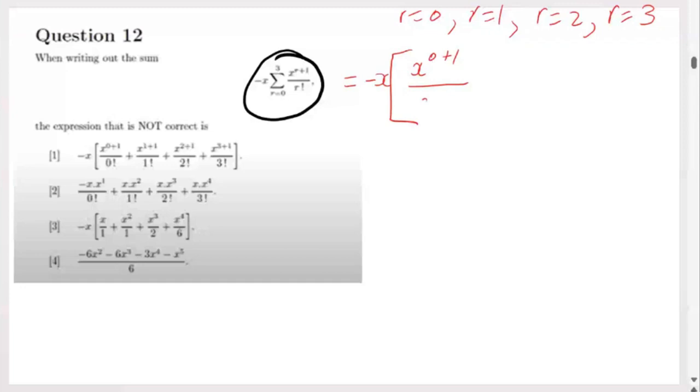Okay, plus x to the power 1 plus 1 over 1 factorial plus x to the power 2 plus 1 over 2 factorial plus x to the power 3 plus 1 divided by r is equal to 3 factorial.